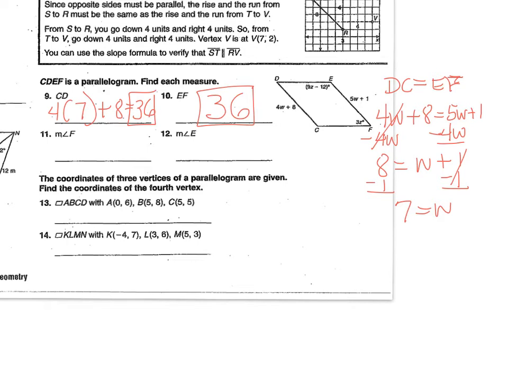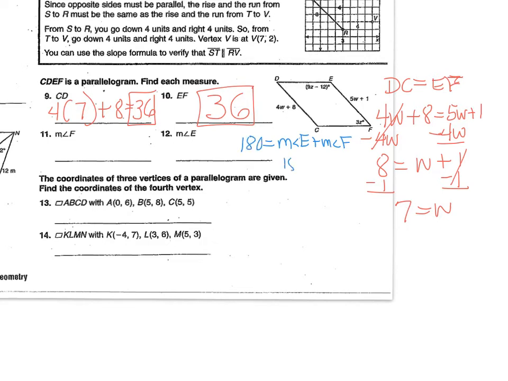Measurement of angle F. Because this is a parallelogram, consecutive angles are supplementary, which means I can add up those 2 angles, the measurement of angle E plus the measurement of angle F. Sorry about that E, it looks kind of strange. The sum of that is going to equal 180 because they're supplementary.